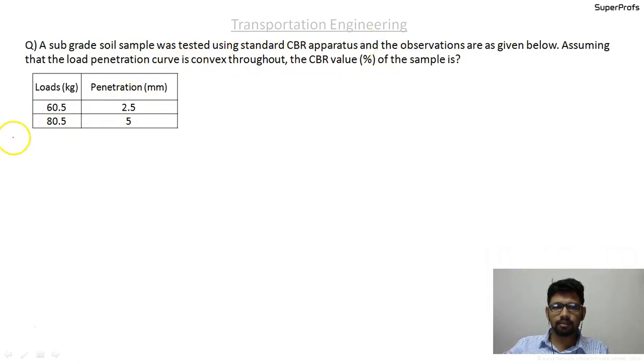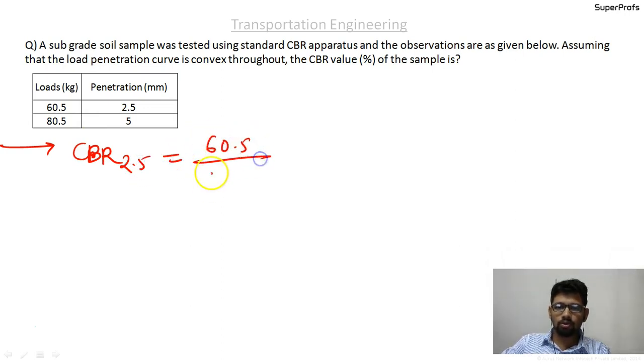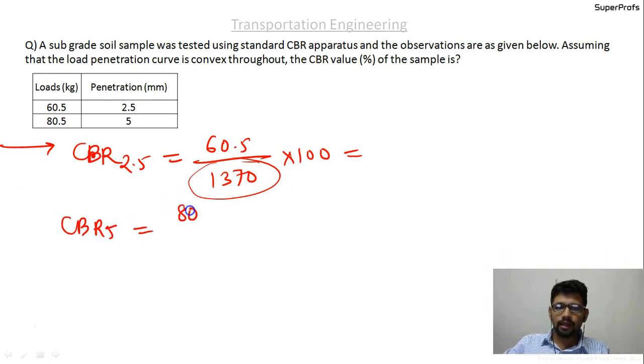So CBR 2.5 is equal to 60.5 upon 1370 into 100. So these standard values you need to remember. And CBR 5 is equal to 80.5 upon 2055 into 100.